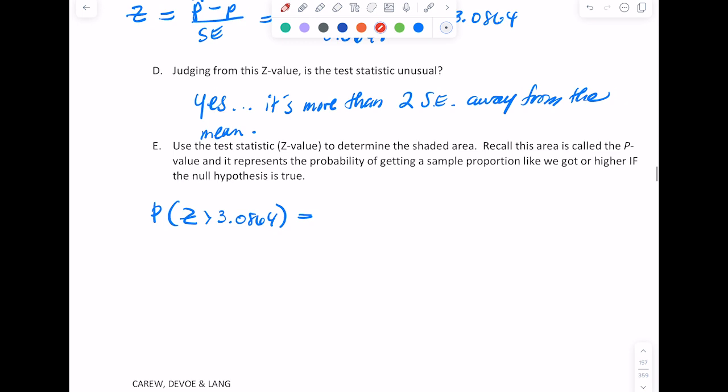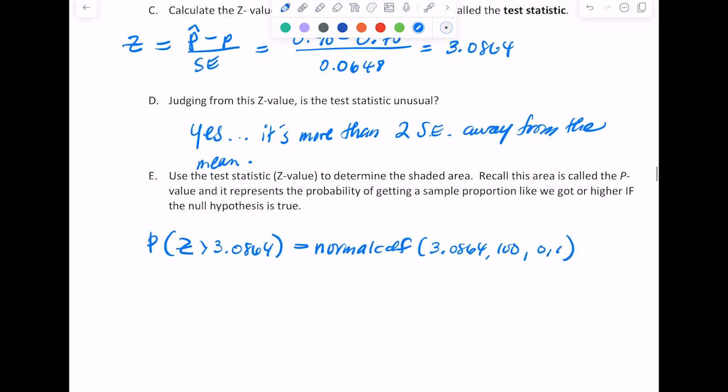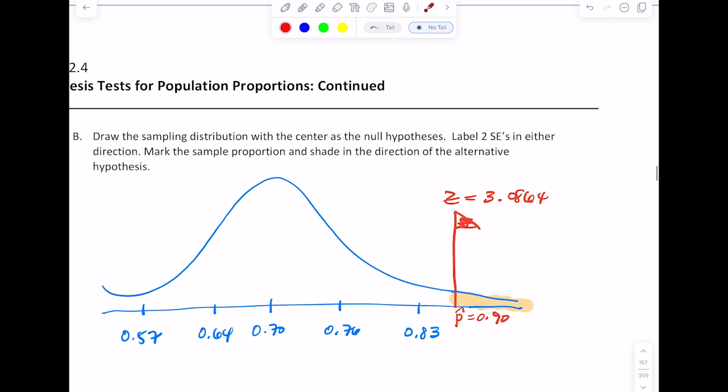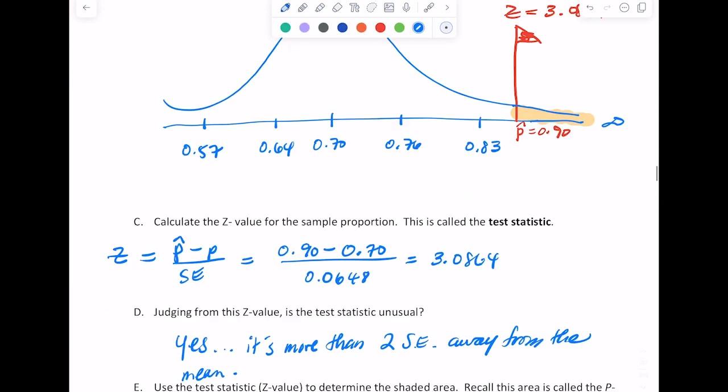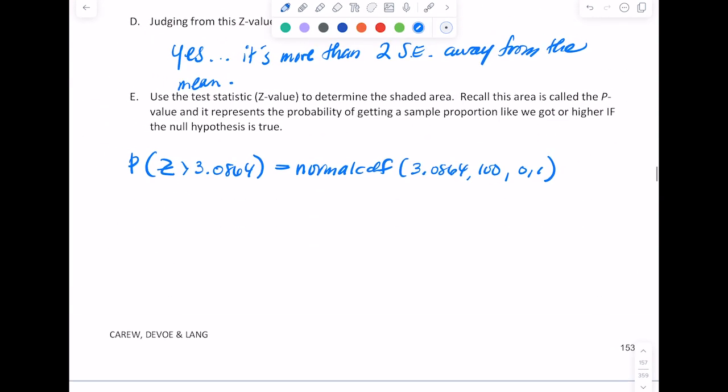Now I'm going to do normal CDF. And this time my lower bound is going to be 3.0864. My upper bound is going to be 100. And then the 0 and the 1 we're not changing, right? So here's my lower bound, 3.0864. My upper bound is positive infinity, but I can't put that, so we use 100. And then 0 and 1.